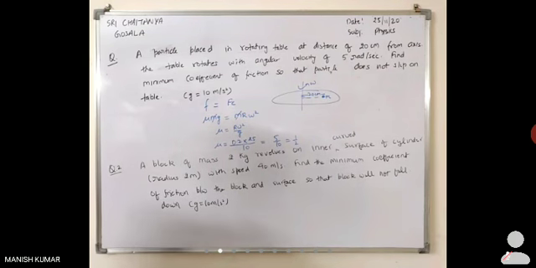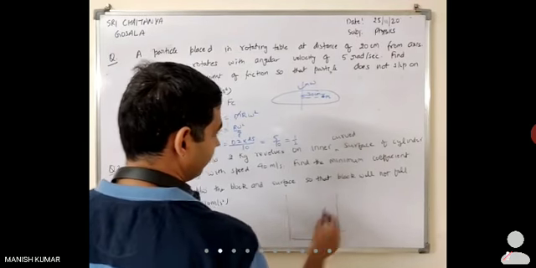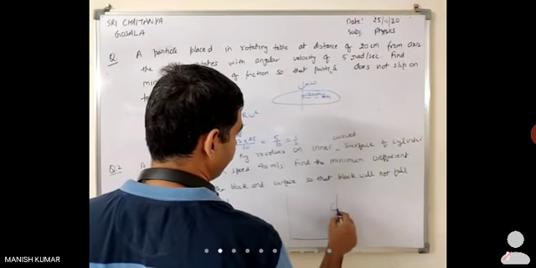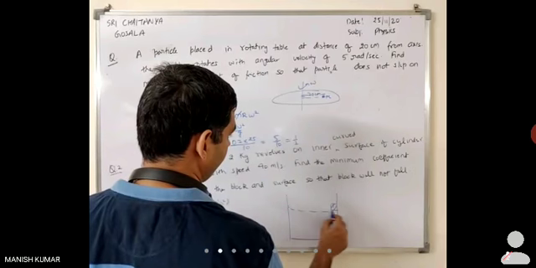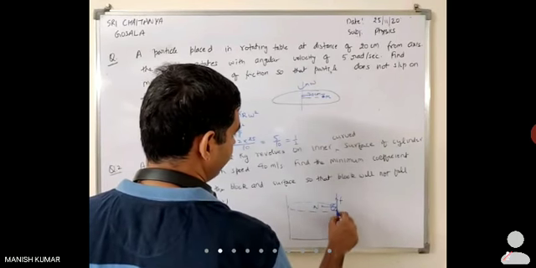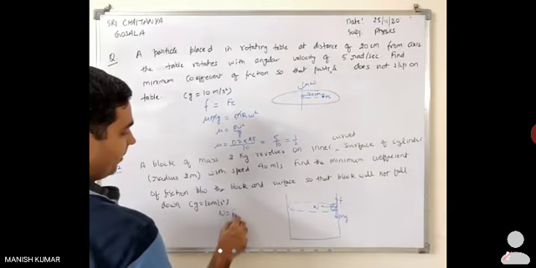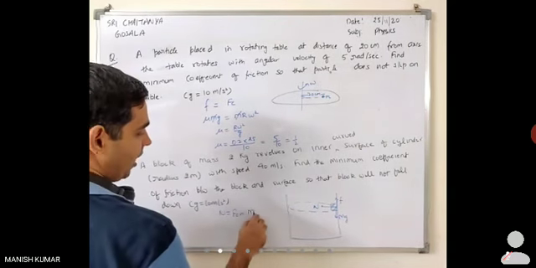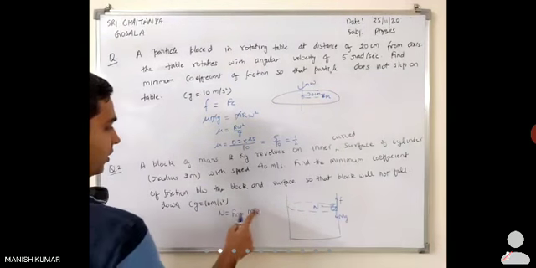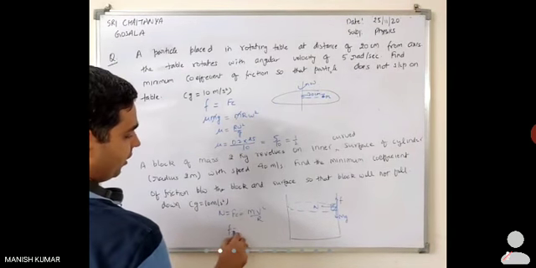Now what about the second question? We have a block of mass m that revolves on the inner surface of the cylinder. Curved surface of the cylinder like this. In this case, normal force, friction and mg. Normal is nothing but centripetal force. That is m v square by r, and friction is balancing the mg.